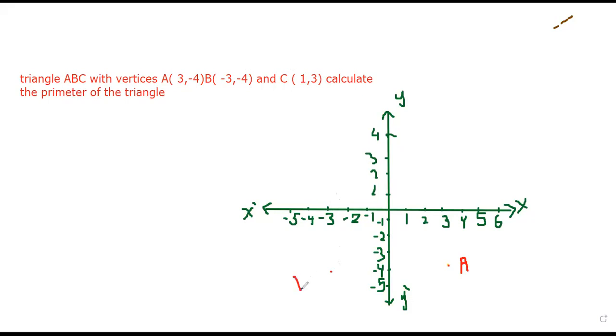So this is B. C, 1 and 3. So this is C. Then I will connect the points.